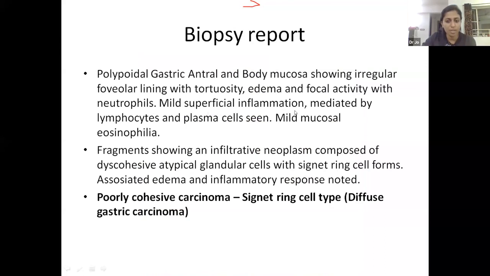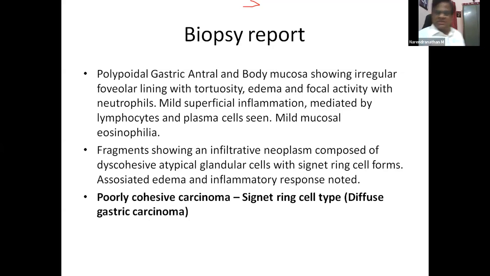Mild superficial inflammation mediated by lymphocytes and plasma cells seen. Mild mucosal eosinophilia. Fragment showing infiltrative neoplasm composed of discohesive atypical glandular cells with signet ring cell forms. Associated edema and inflammatory response. Poorly cohesive carcinoma, signet ring cell type, diffuse gastric carcinoma. Diffuse, okay.